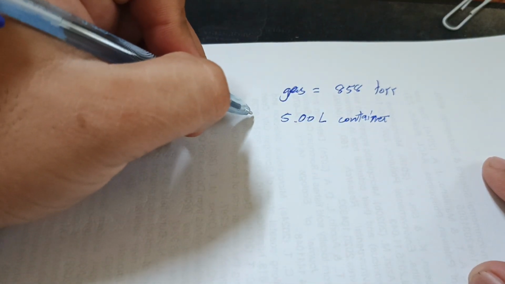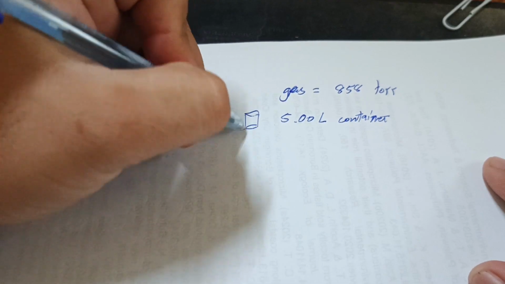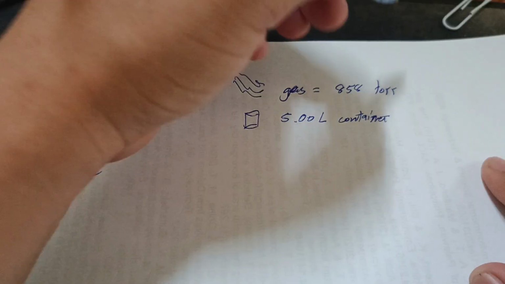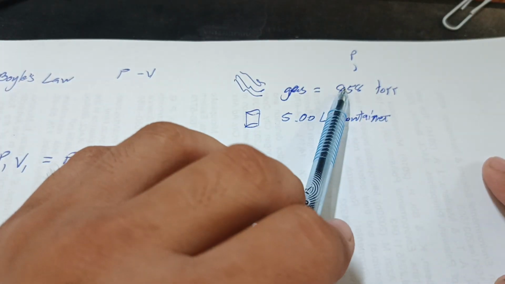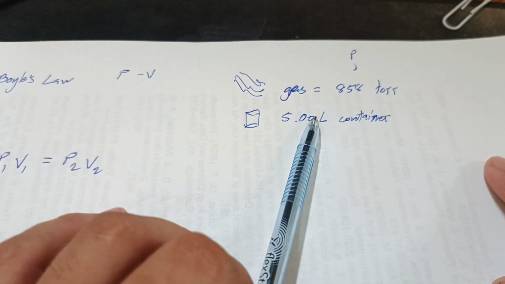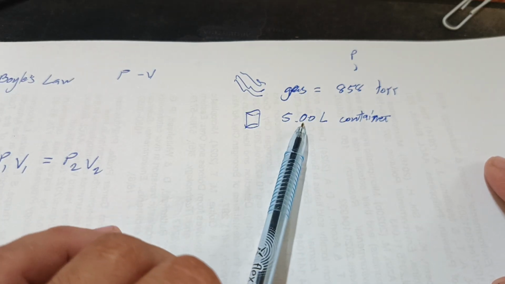Again, we have a gas exerting a pressure of 858 torr. That gas is contained in a 5-liter container.